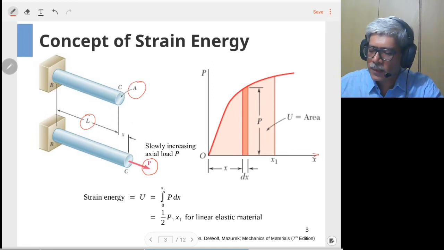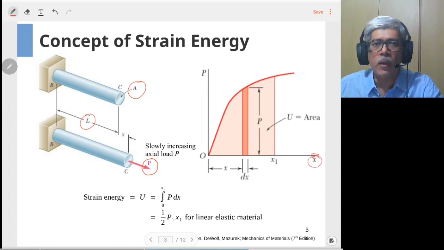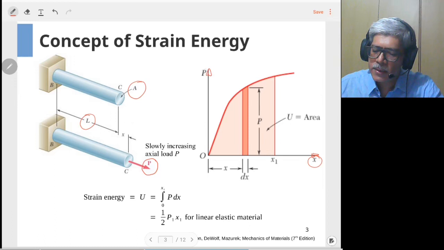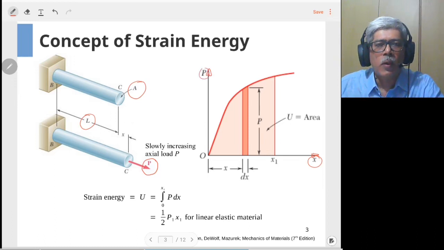On the graph, the x-axis is the elongation of the bar, which is represented by x, and the y-axis is the load. Now, as the bar elongates, since the load is getting displaced, there is some work which is done by this external load, and this work has to be stored somewhere. So this work gets stored into the bar, and that is what we call strain energy.